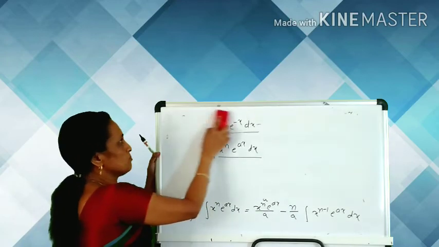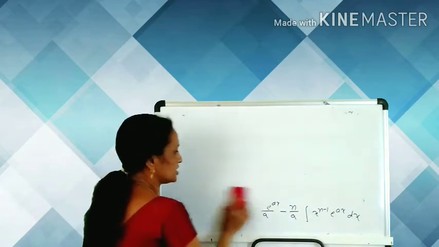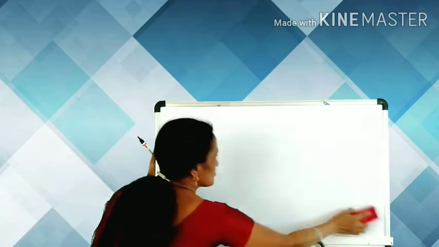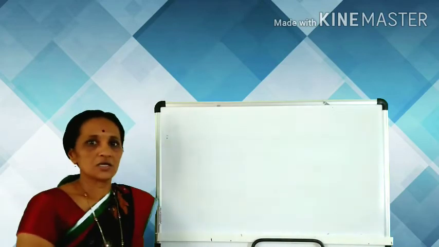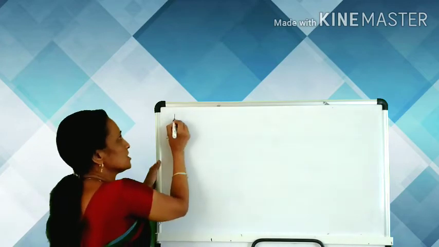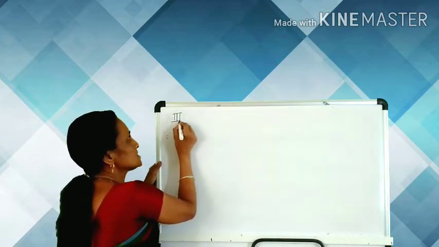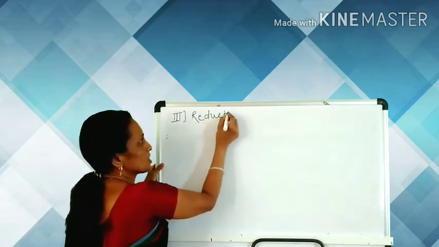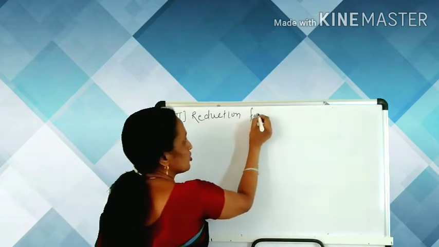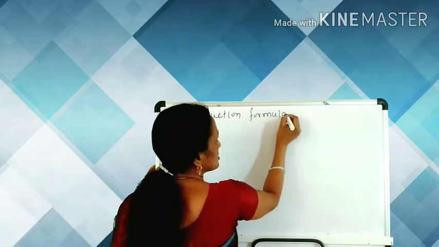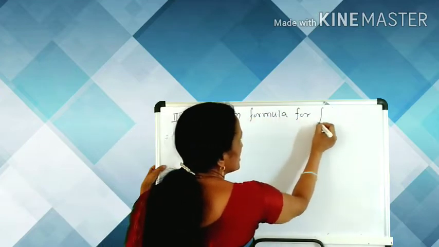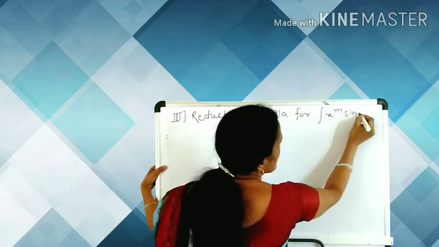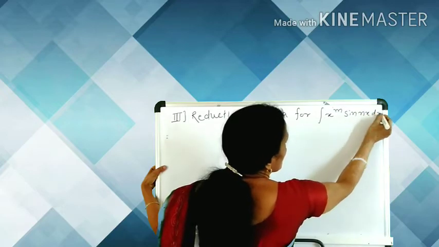Now we consider your third standard function, and that standard function as your third formula is the reduction formula for integration x raised to the m multiplied by sin nx into the dx.